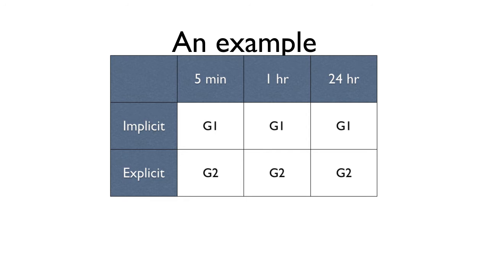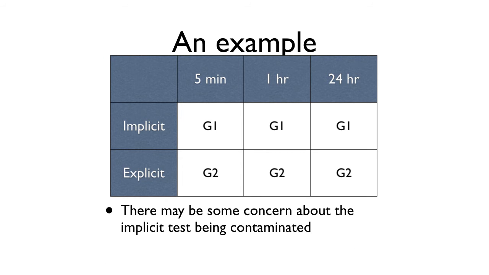Implicit and explicit memory. And we get retention intervals here: 5 minutes, 1 hour, 24 hours. This is not an uncommon approach in cognitive psychology. You may be concerned, though it turns out you shouldn't be, that the explicit test somehow contaminates the implicit test, and you want to look at one thing in isolation.